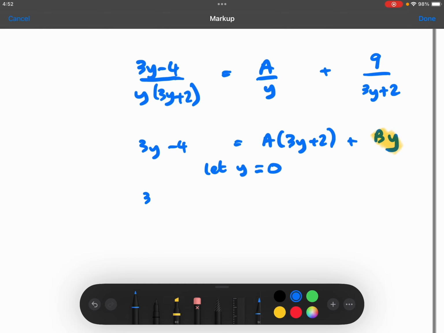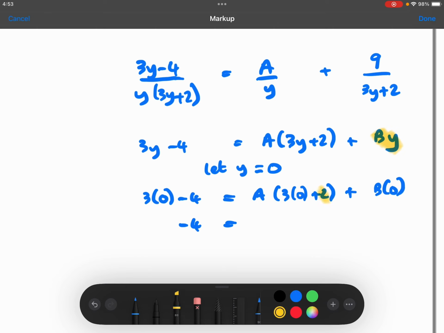So I'll get on the left-hand side 3 times 0 minus 4 is equal to a times 3 times 0 plus 2 plus b times 0. The left-hand side is just minus 4. Then we've got a times the 2, so a is equal to minus 2.